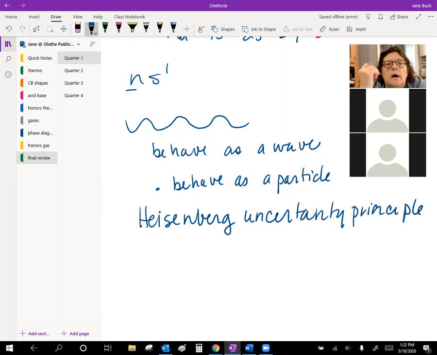The idea here is that you can either know how fast the electron is moving or you can know where it is, but you can't know both. So if you know where it is, you will have no idea how fast it's moving. If you know how fast it's oscillating, you don't know where it is. And that's the uncertainty principle, okay?